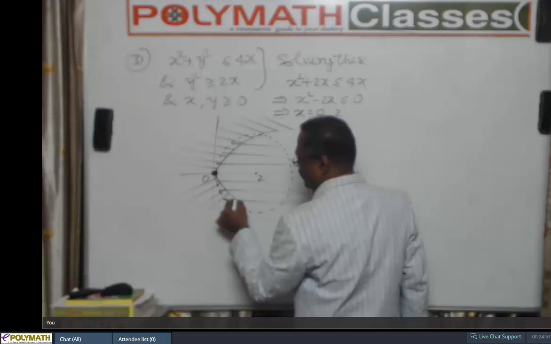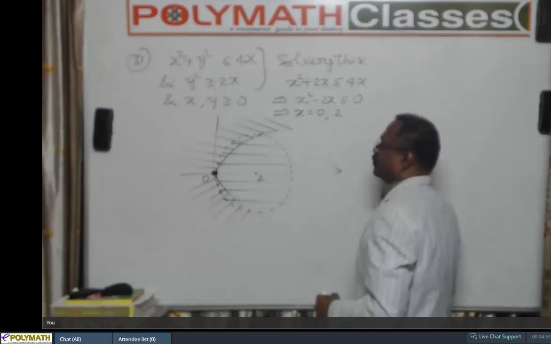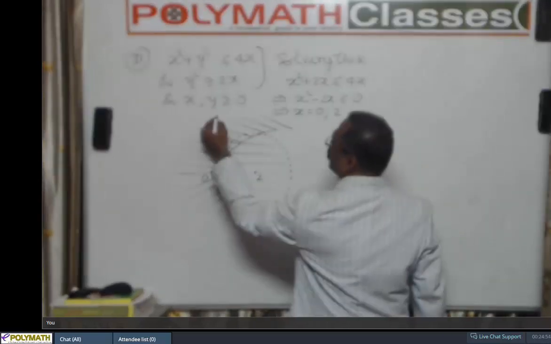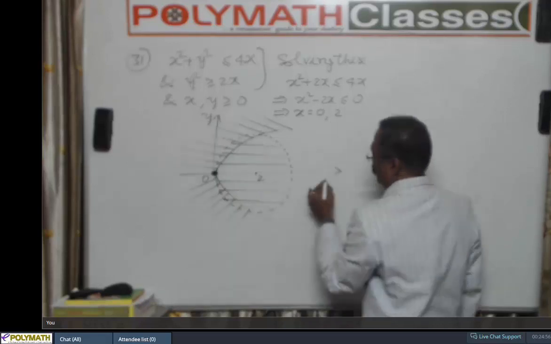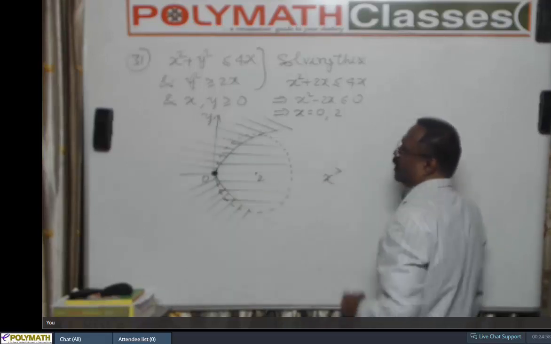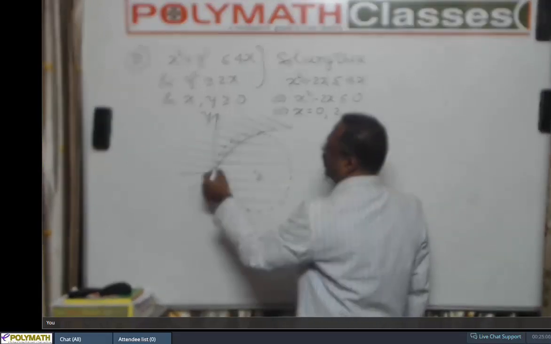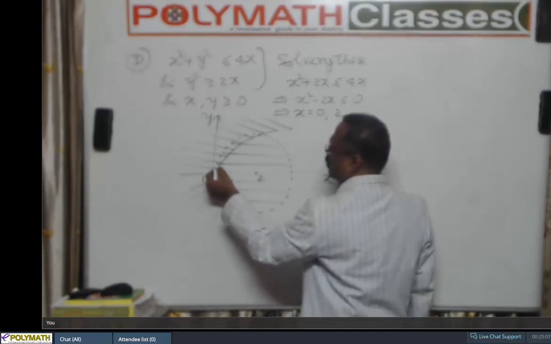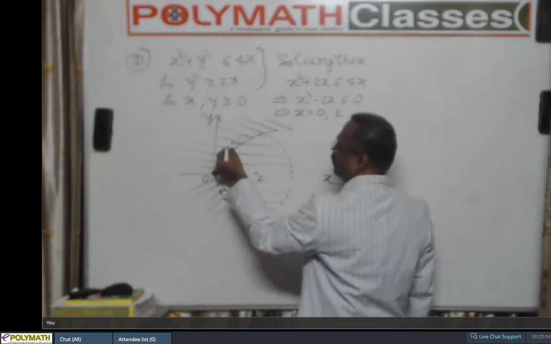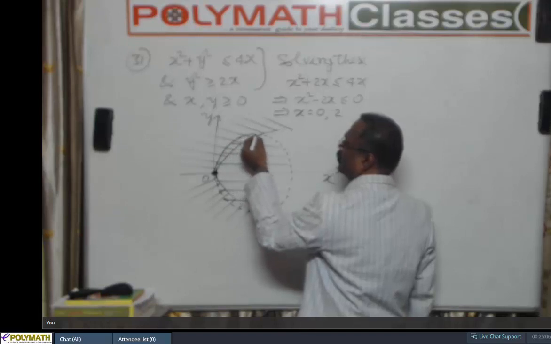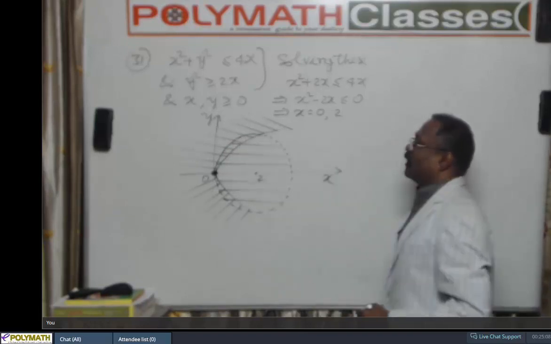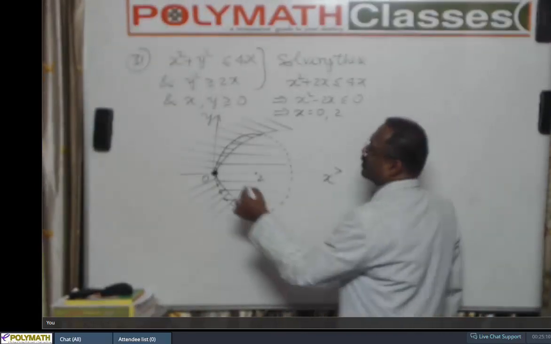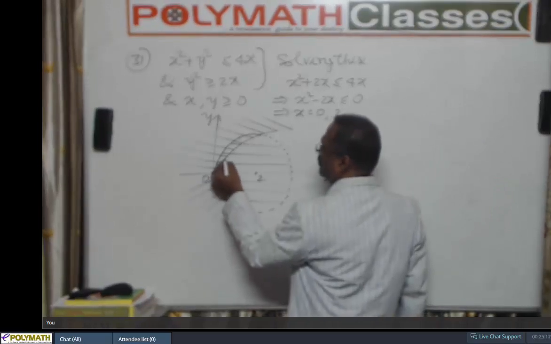We don't need the downward area here because x is positive and y is also positive. Both are positive, and hence you have to take only the upper area. So this is the upper curve, which is the circle, and this is the lower curve, which is the parabola.